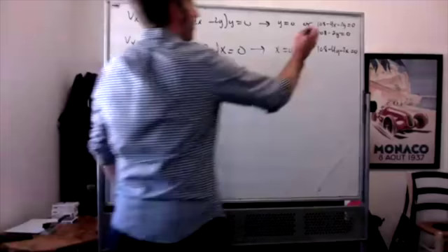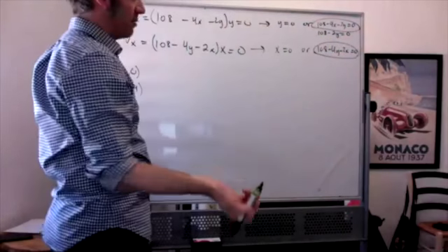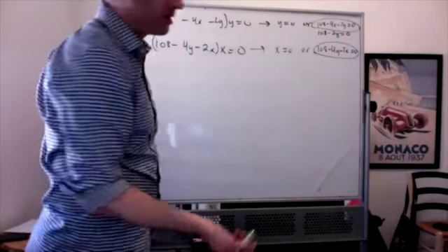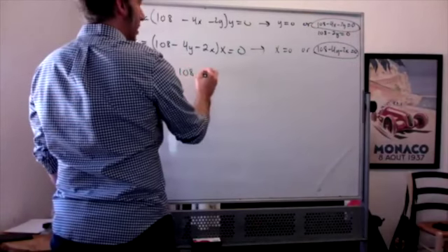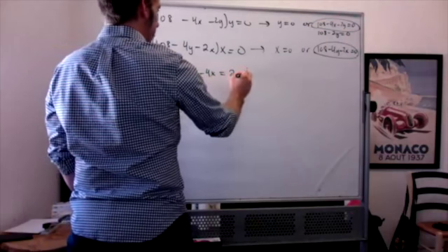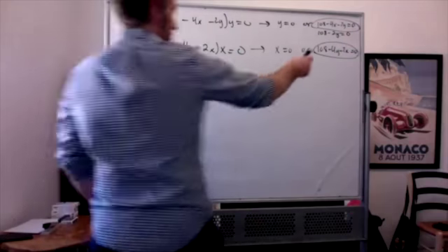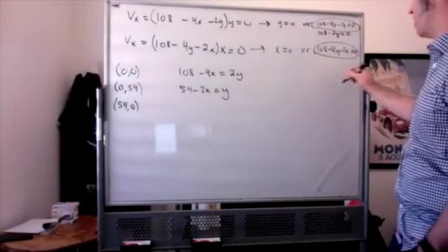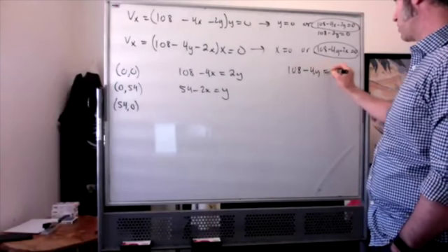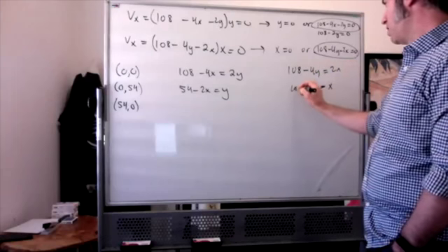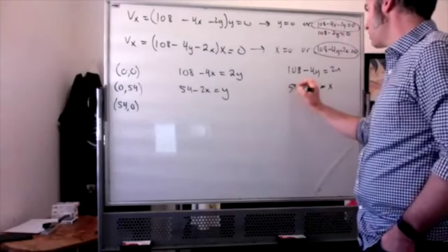So the only thing that's left is to have this equation and this equation both be true. So I'm going to solve those both for either y or x. If I solve the first one for y, I get 108 minus 4x equal to positive 2y. So 54 minus 2x equal to y. If I solve this one, I'm actually going to get the same equation but for x, right? I'm going to get 108 minus 4y equal to 2x, so that x equals 54 minus 2y.